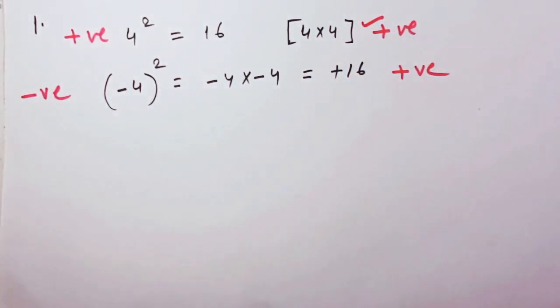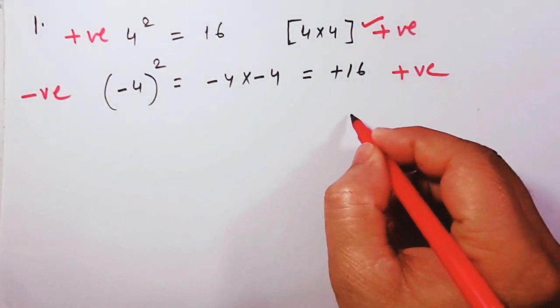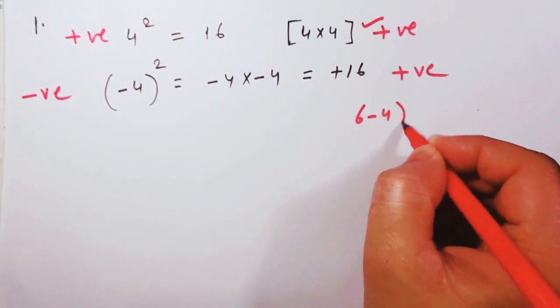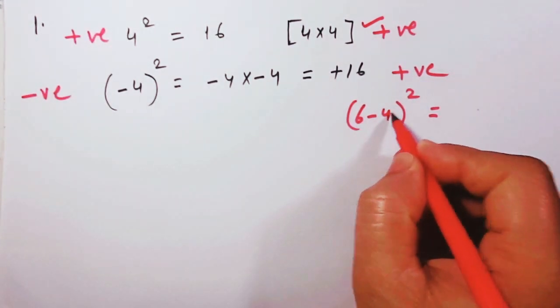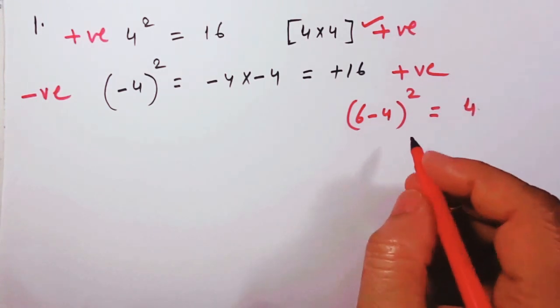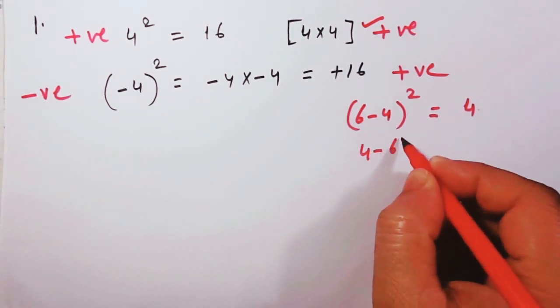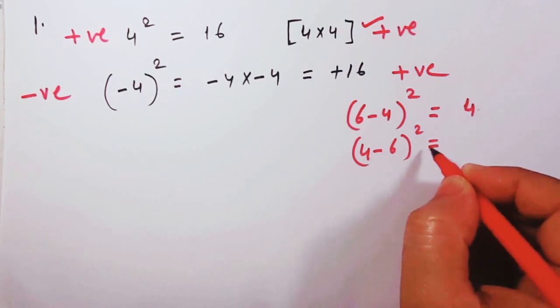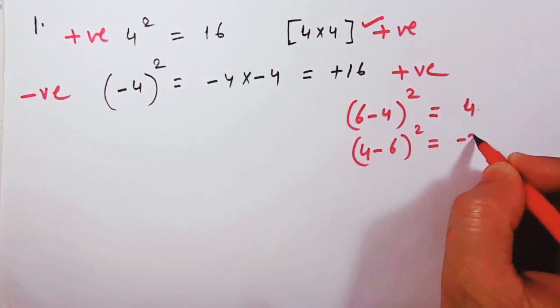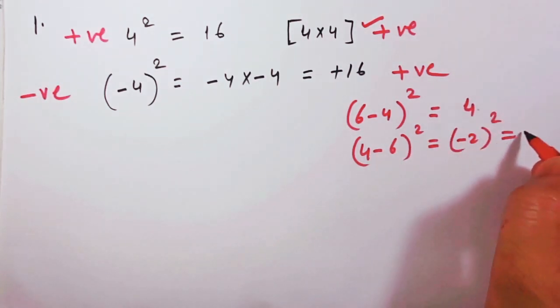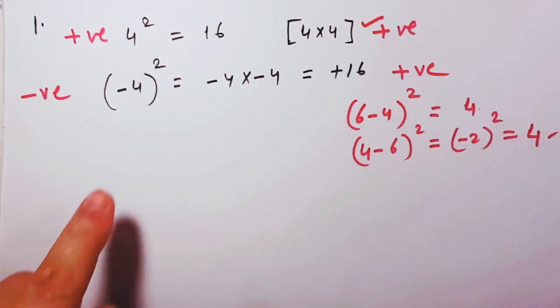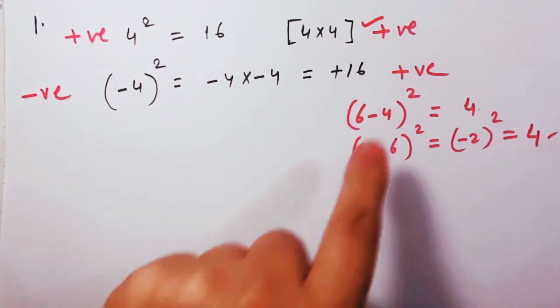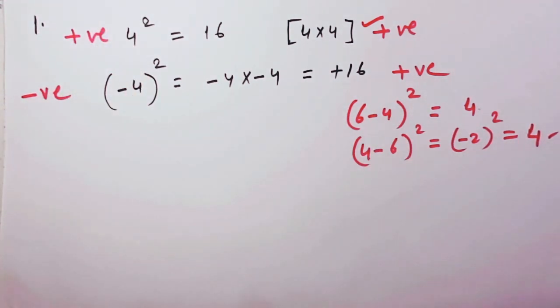That is why if we take 6 minus 4 whole square, you will get 6 minus 4 is 2, 2 square will be 4. Similarly, 4 minus 6 square will be equal to minus 2 square, and this will also give you a positive value. So do remember that when you do the square of a negative or a positive number, you will get a positive value. Okay? I hope this was also loud and clear.